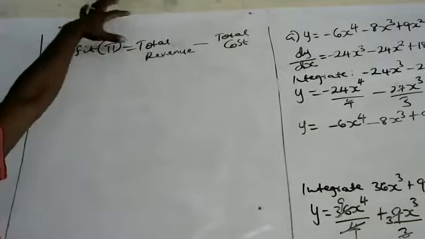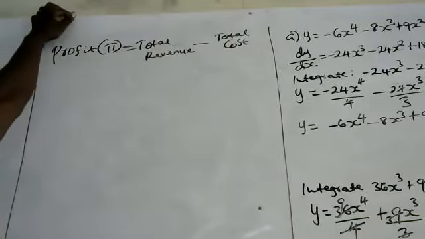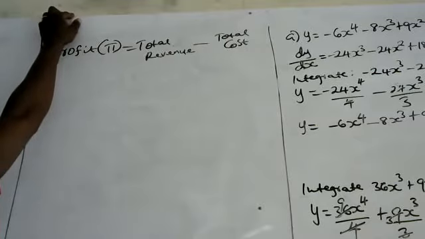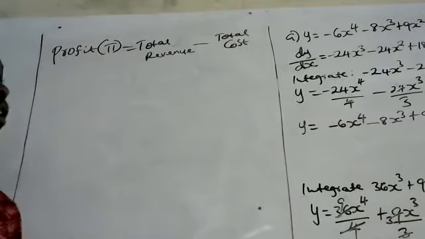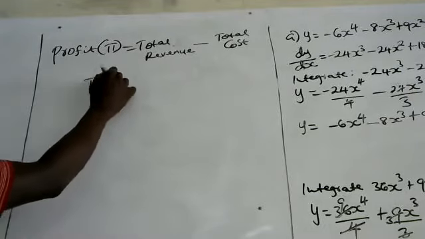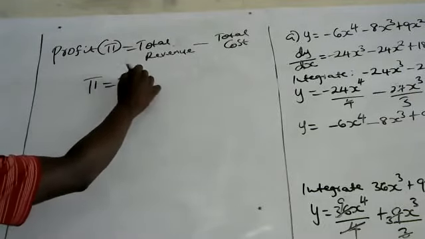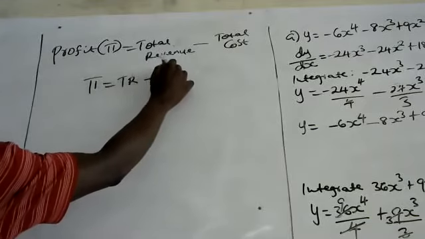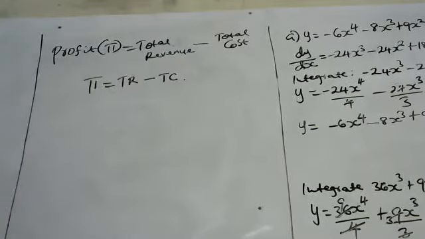The difference between the two gives you profit. So, in short, pi is given by TR minus TC.